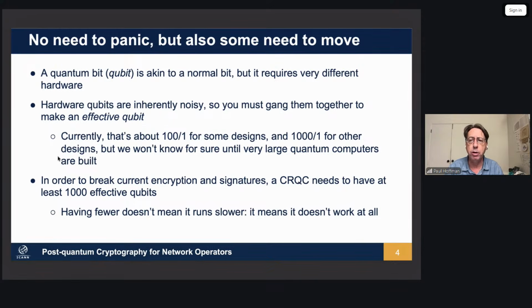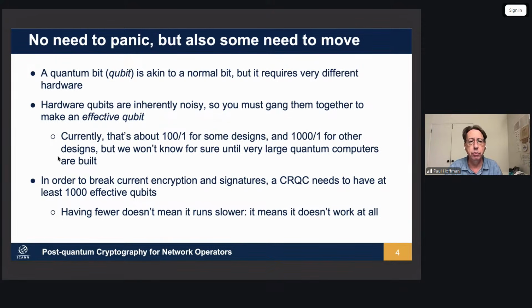But the very important thing here is that you need all of the effective qubits to be useful as a CRQC. So we're used to things now where someone can say to you, you need a computer of this size to work. And you don't want to buy one of that size. You want to buy one that's half that size. And maybe you'll have to run it twice as long.